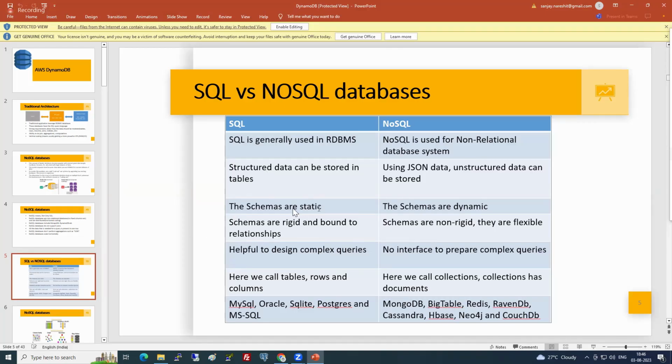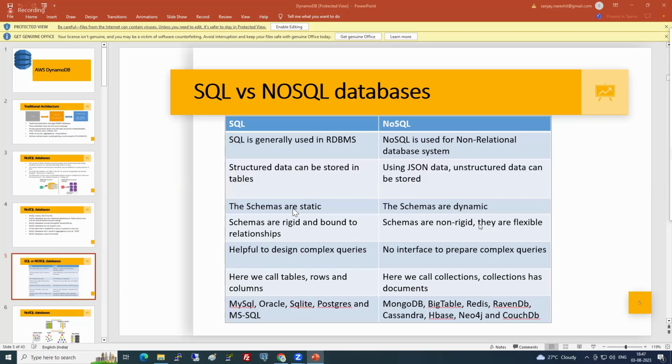In SQL, the schemas are static, meaning the column names and everything are static. But in NoSQL, they are dynamic, anytime. Unstructured meaning videos also. In SQL, schemas are rigid and bound to relationships, whereas in NoSQL, it is flexible.